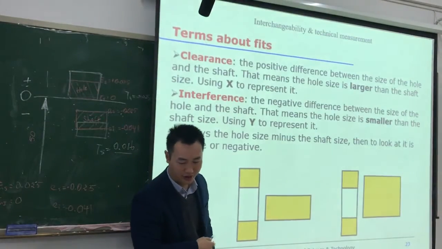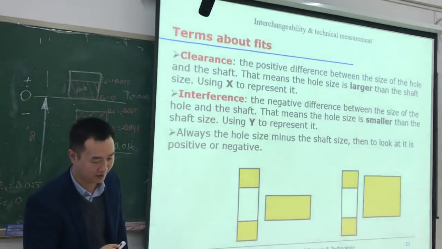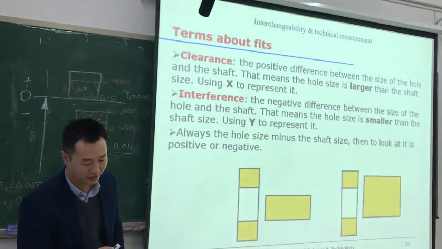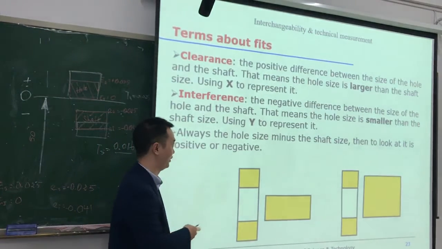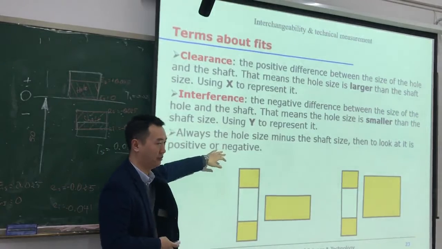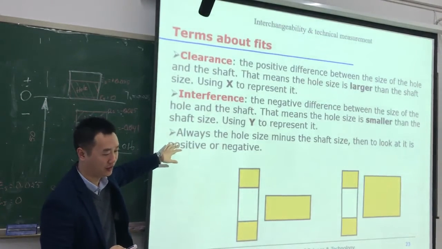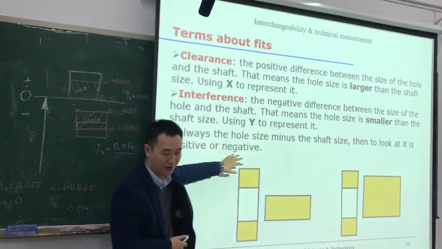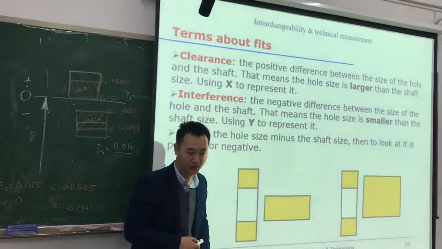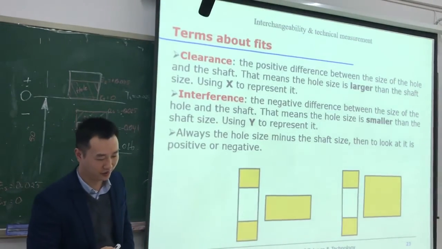So remember, always the hole size minus the shaft size, then look at whether it is positive or negative. Positive, then the fit is clearance. If it is negative, it means that the type is interference.